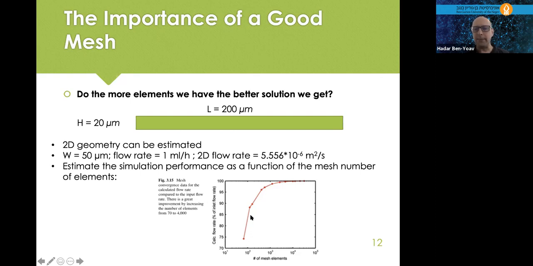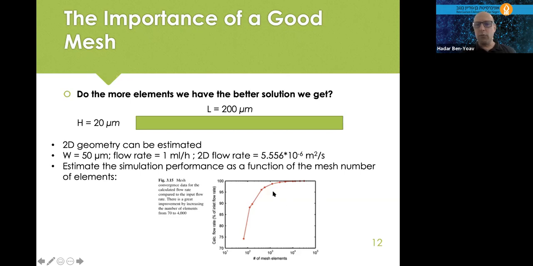However, when we increase the number of mesh elements, we get a solution which is more and more accurate. However, at some point, it doesn't matter how much we increase the number of elements in the mesh, we don't really change the solution, we just add more complication to the numerical model.